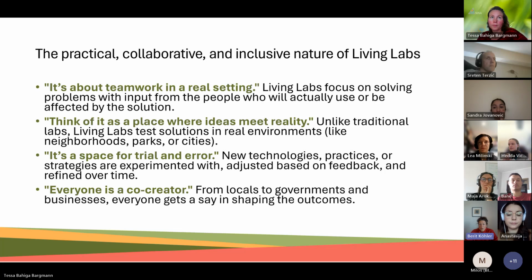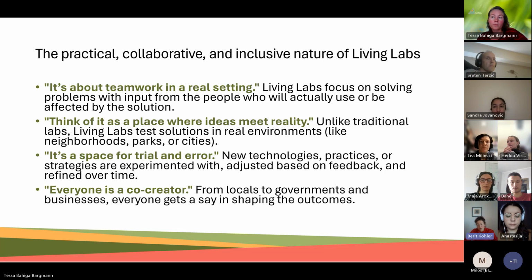And we can think of it as a place where ideas meet reality. So unlike traditional labs, living labs test solutions in real environments, like neighborhoods, parks, cities, or agricultural fields. So it's actually a working space for trial and error.